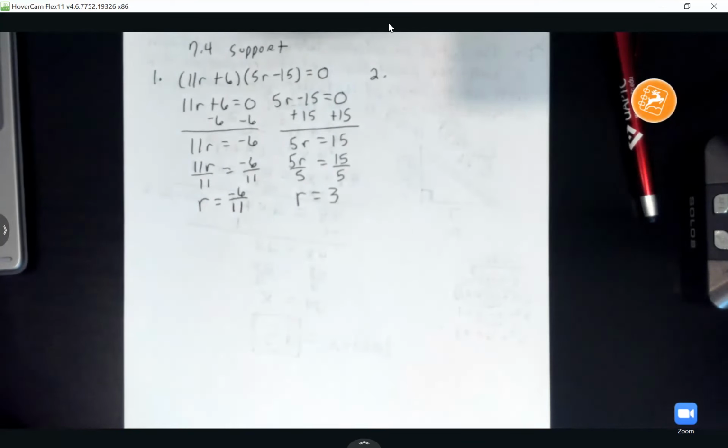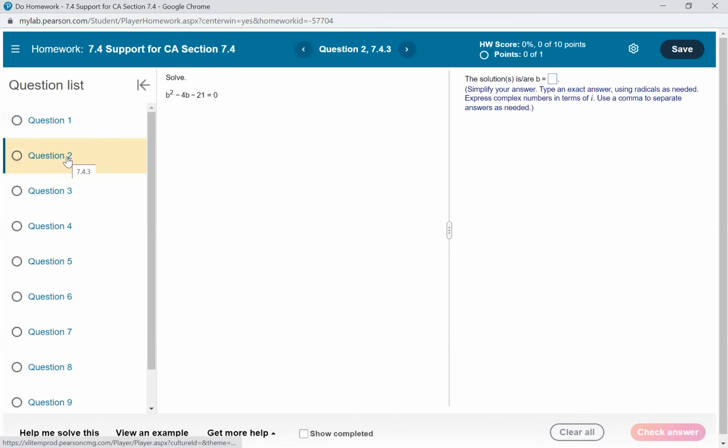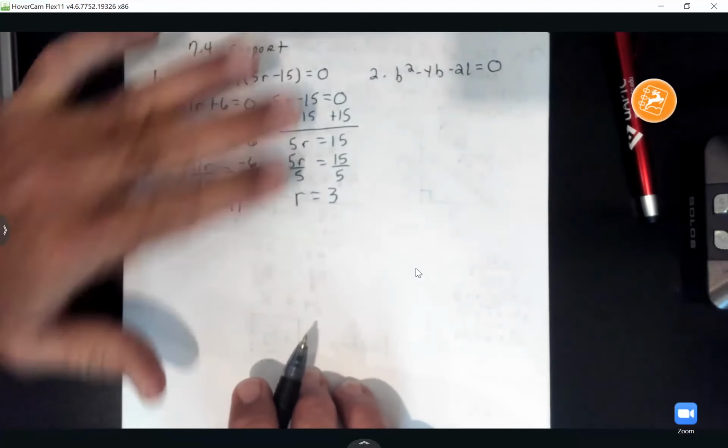So y'all, let me see the second problem they got. Alrighty, this is b squared minus 4b minus 21 equals 0. So see, the first one they already had factored.